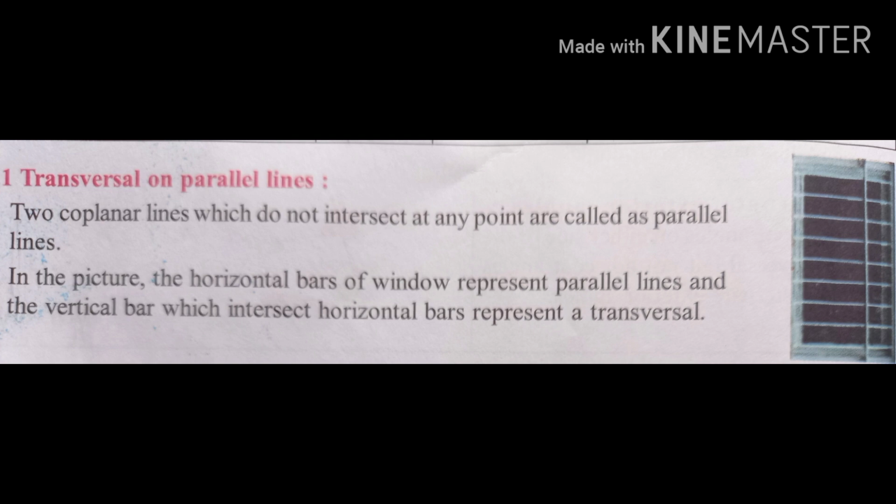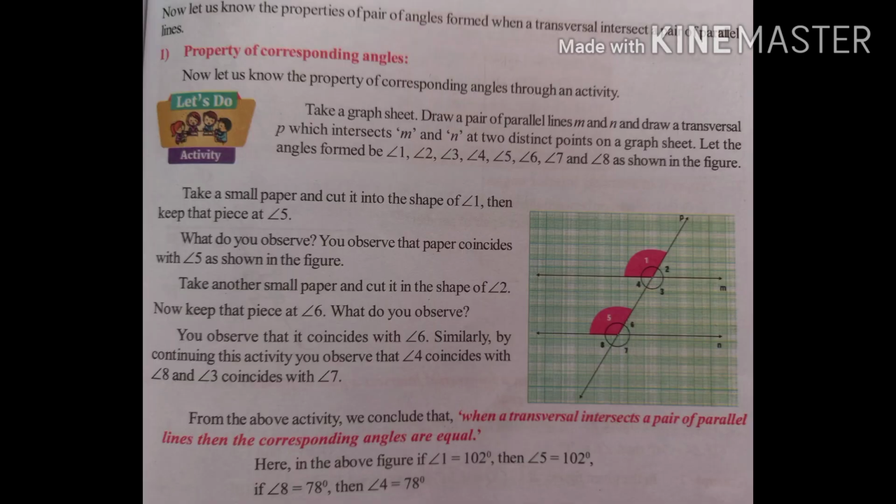In the picture, the horizontal bars of the window represent parallel lines and the vertical bar which intersects the horizontal bars represents a transversal. Now let us know the properties of pairs of angles formed when a transversal intersects a pair of parallel lines.